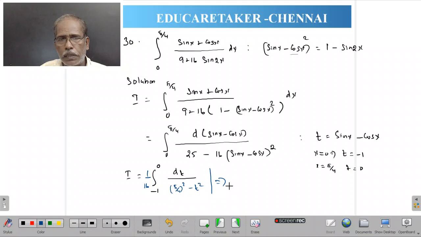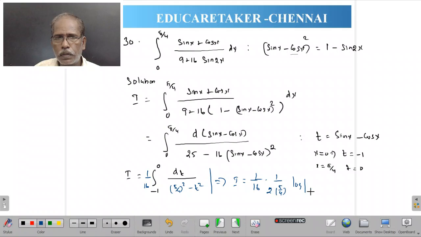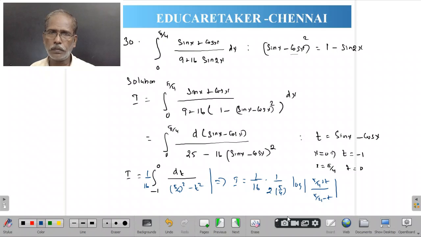Dear student, this implies I equals 1 by 16, there is no square root term, so log mod of 1 by 2a, 1 by 2 times the constant 5 by 4, log mod of (5 by 4 plus t) over (5 by 4 minus t), at the lower limit minus 1, upper limit 0.